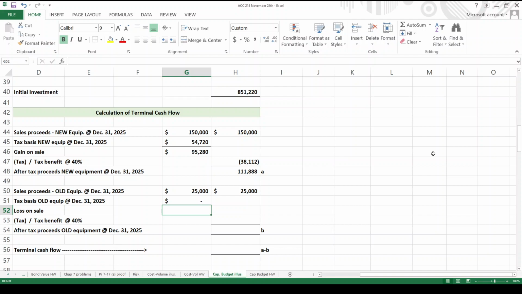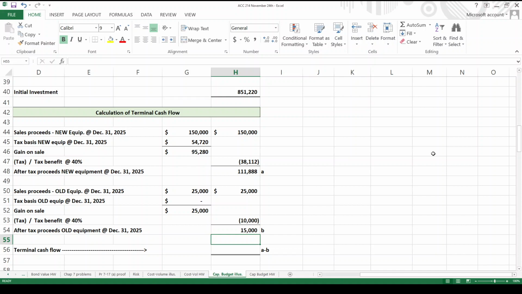What's going to be the tax? The tax is going to be 40% of 25K, which is going to be 10,000.